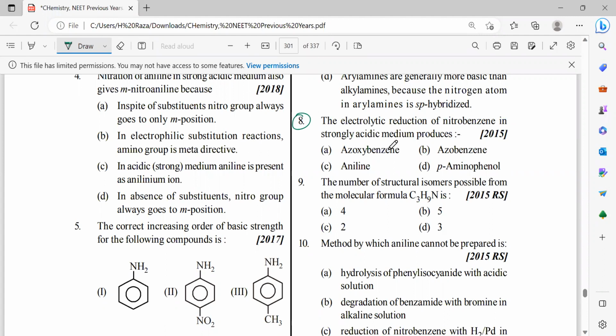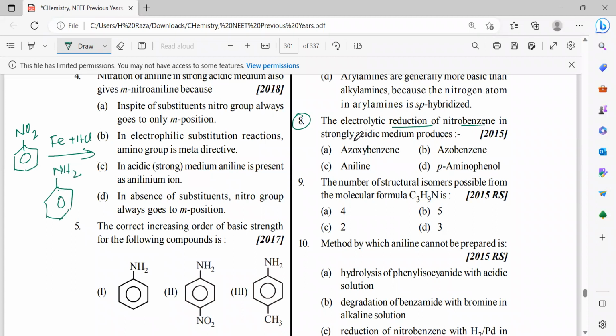See, I'm going to explain this question. Electrolytic reduction of nitrobenzene. First of all, you are going to reduce this nitrobenzene with the help of Fe/HCl or Sn/HCl, and it will be converted into NH2.